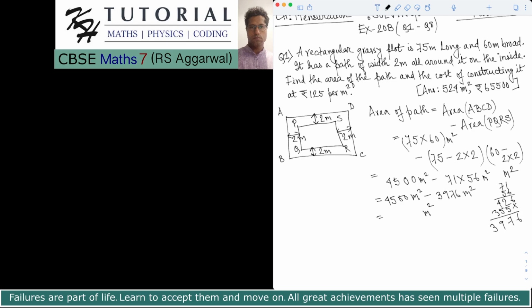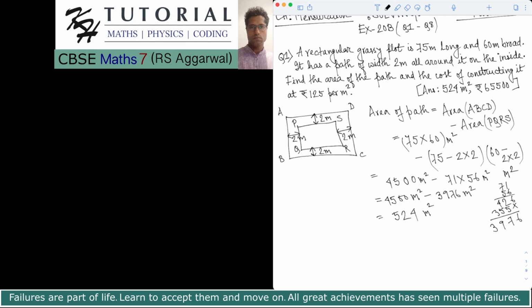This is 524 meter square. I have also written down the answer of the problem. So 524 meter square is the correct area of the path.